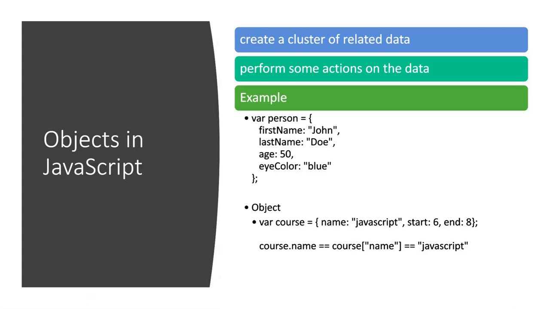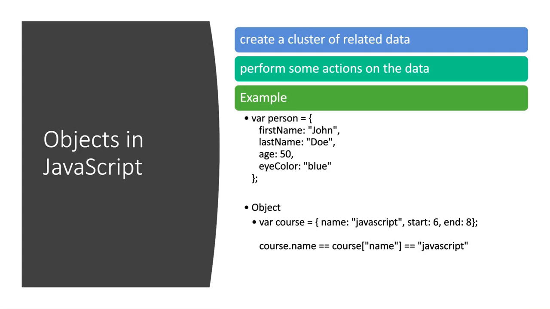Furthermore, let's talk about objects in JavaScript. Objects are variables too, but objects can contain many values. Objects help to collect information together and pass it on to the code. Within the object, we save the variables using key value pairs. For example, let's create an object person.